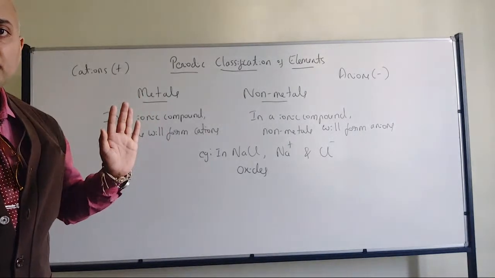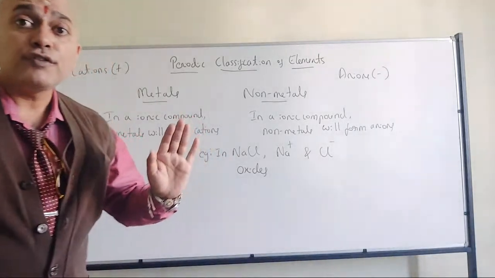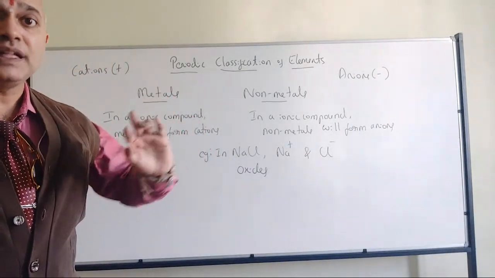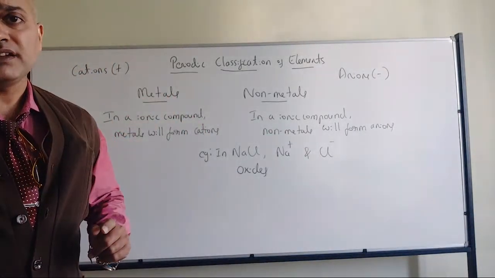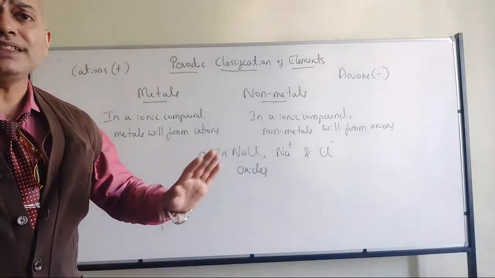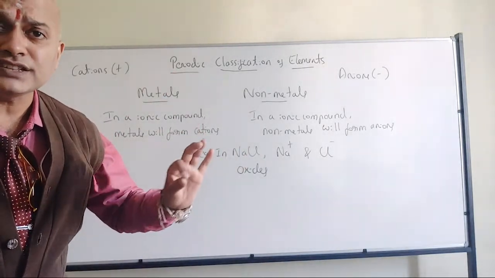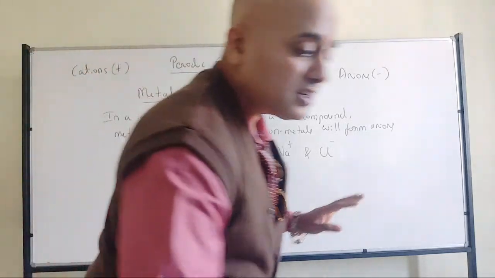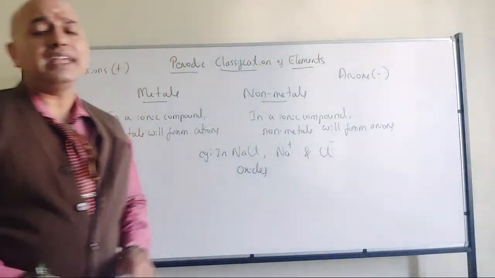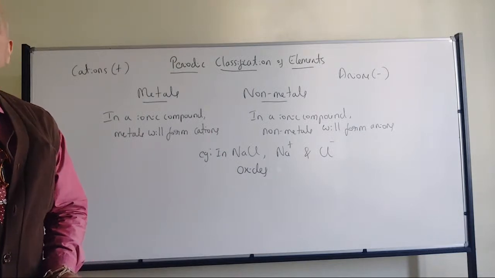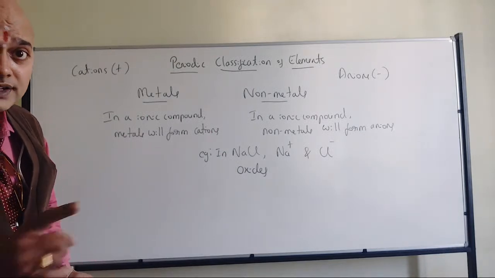Because in the periodic table, fluorine is highly electronegative. Then comes the oxygen. So except fluorine, with any other element, if oxygen is forming a compound, naturally oxygen will be dominating.